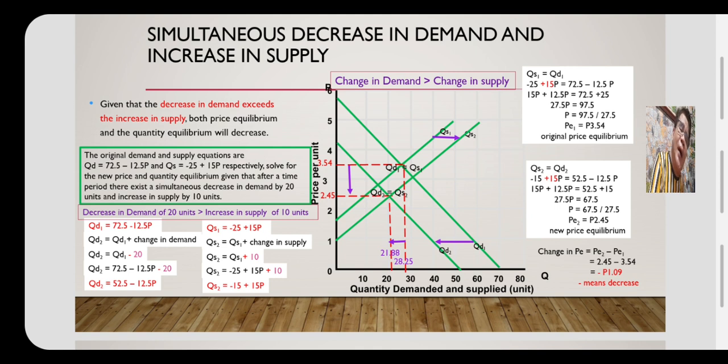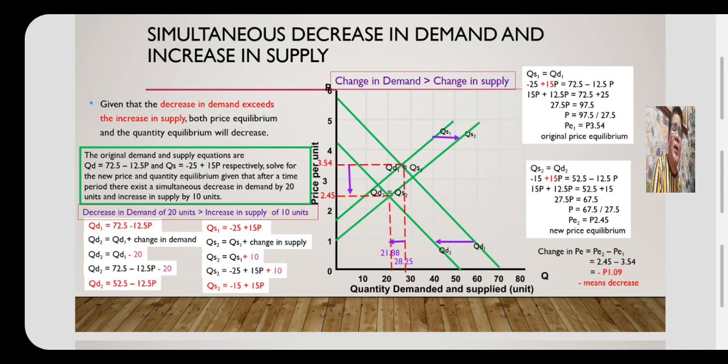So now that we have the new and the original price equilibrium, we subtract the original price equilibrium from the new price equilibrium: 2.45 minus 3.54 gives us a difference of negative 1.09, and negative means decrease.